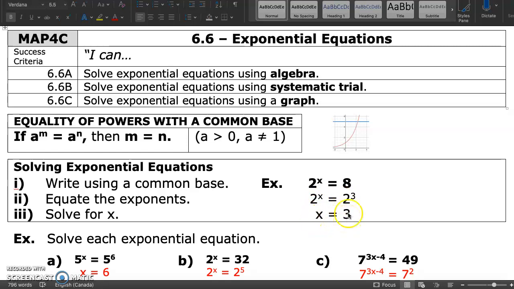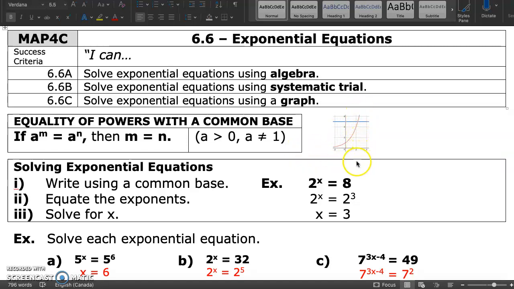And I'll justify it using this image. An exponential equation, or a relation represented graphically, is a positive increasing function at all times. Even though there's a horizontal asymptote on the x-axis, it is still constantly increasing at all times.